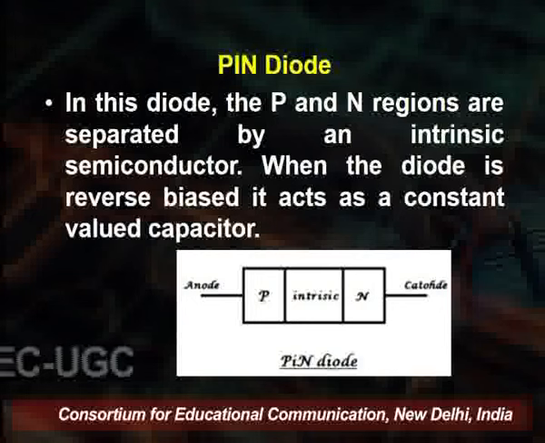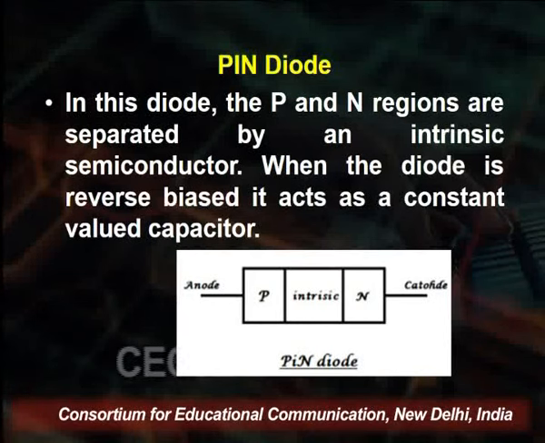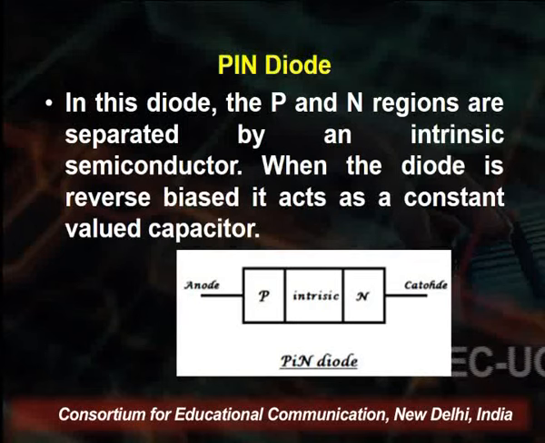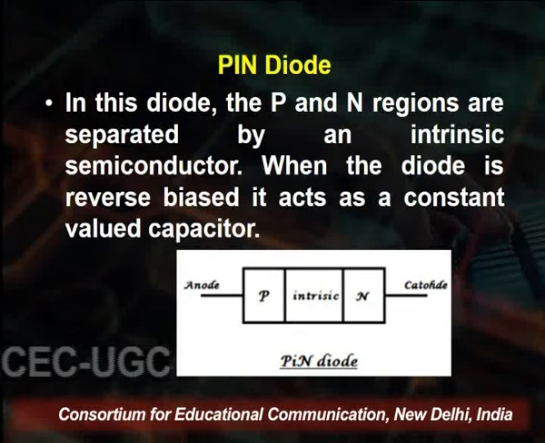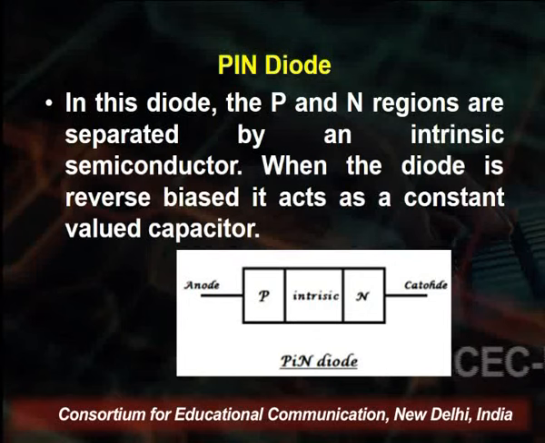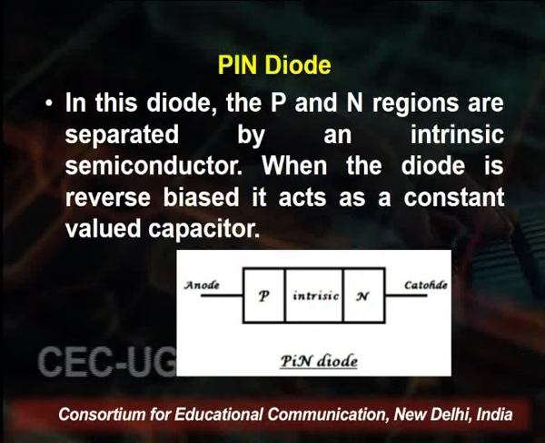And next is the PIN diode. In the diagram you can see there is a P and N, and in between there is an intrinsic semiconductor. In this diode, the PN regions are separated by an intrinsic semiconductor.